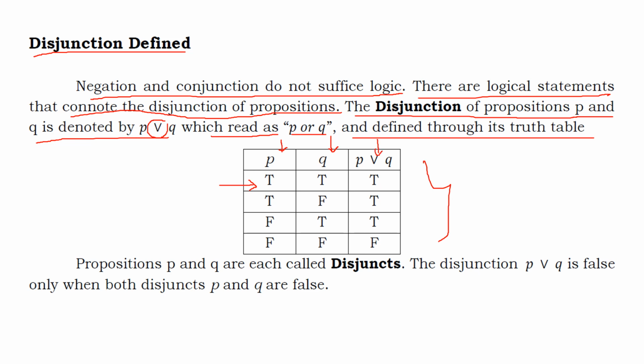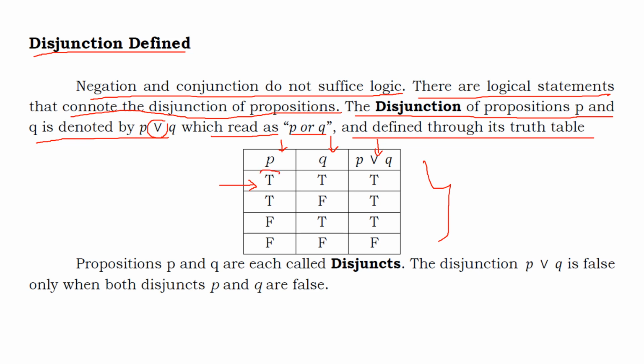And for the third column, this will represent the truth value for your disjunction of propositions P and Q. As you can see on the second row, this will serve as the first truth values for P, Q, and your P or Q. Now, if both propositions have the same truth value, which is true, then it is automatic that the truth value of this disjunction of propositions P and Q is also true.